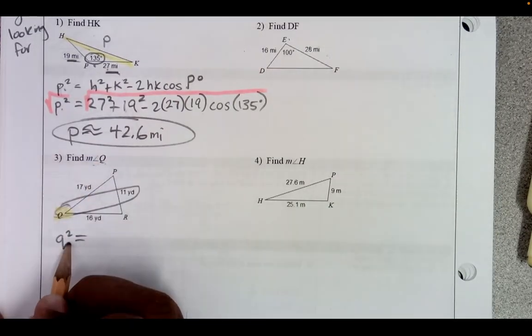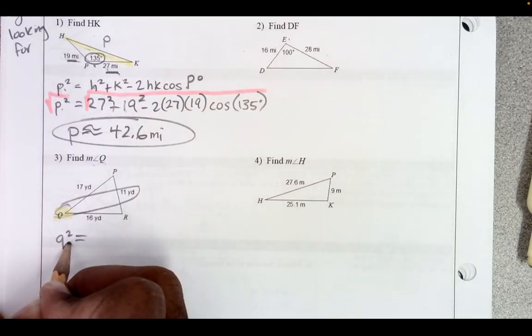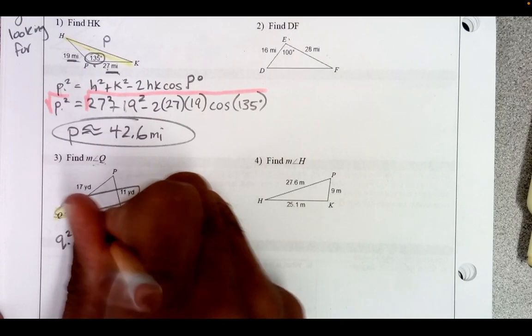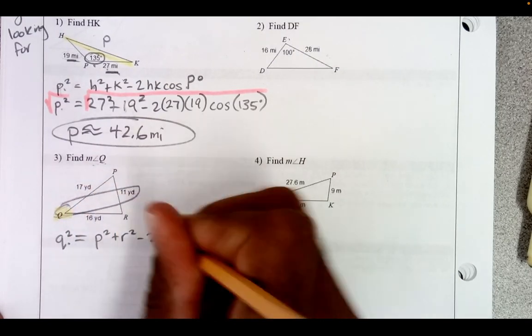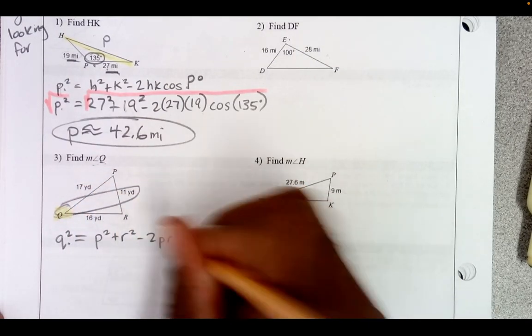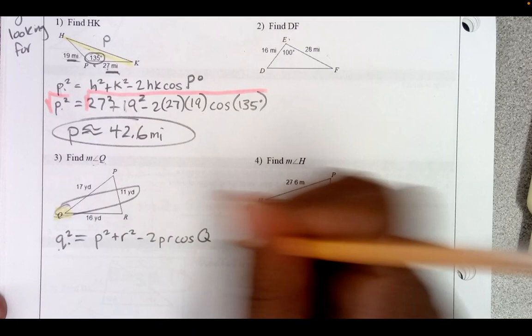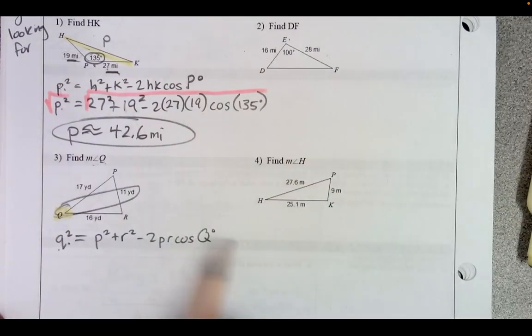So I do the side that's opposite the angle I'm looking for first, just like I did before. Then it'll be P squared plus R squared minus 2 times P times R times the cosine of the angle across from that. So Q.